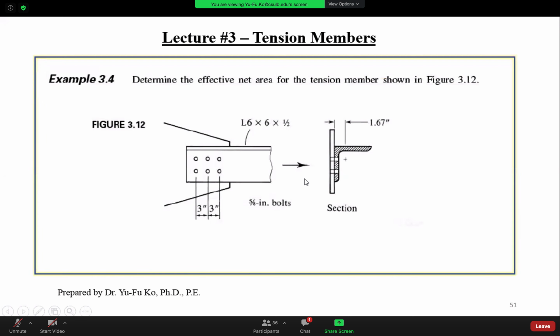Okay. Example 3.4 is to do a detailed calculation about the U factor, the shear lag factor. From example 3.1 up to 3.3, we covered cases where the factor U is given in the problem statement.